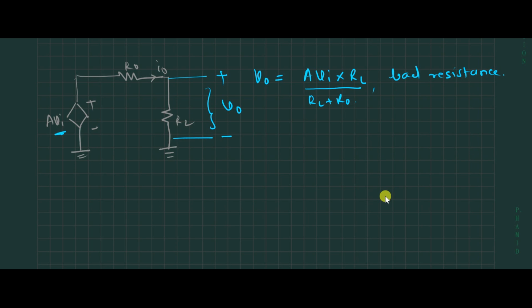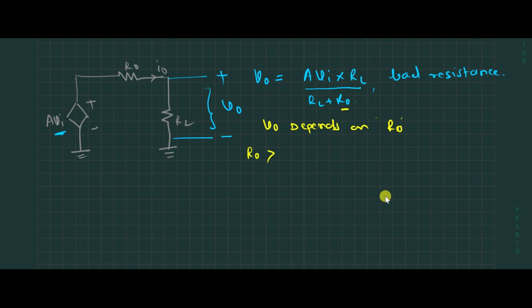So V0 depends on R0. R0 is in the denominator. If the value of R0 is high, what will be the effect?